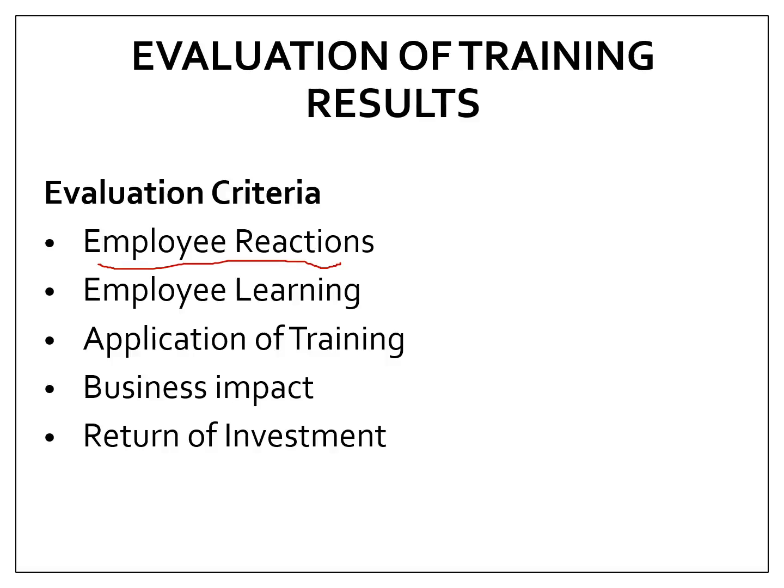If you trained your maintenance workers and your goal is to have less than 1% problems with the trains or with other stuff that requires maintenance, then if you're able to achieve that goal, there's business impact. Another example of business impact can be an increase of 10% in the number of clients who said that they were satisfied with service. So that's also one way of reaching a goal. Okay, those are business impacts.